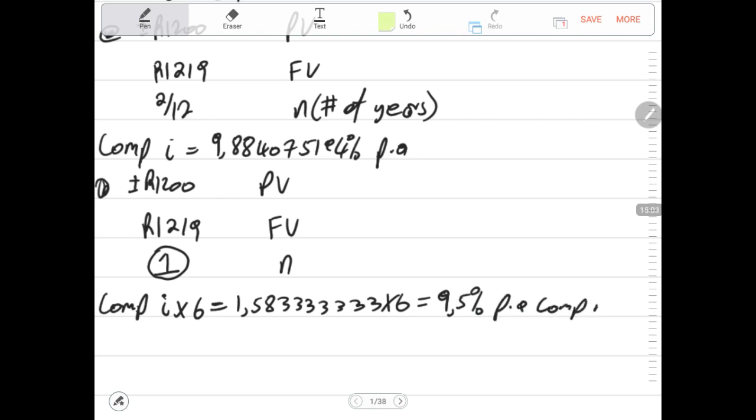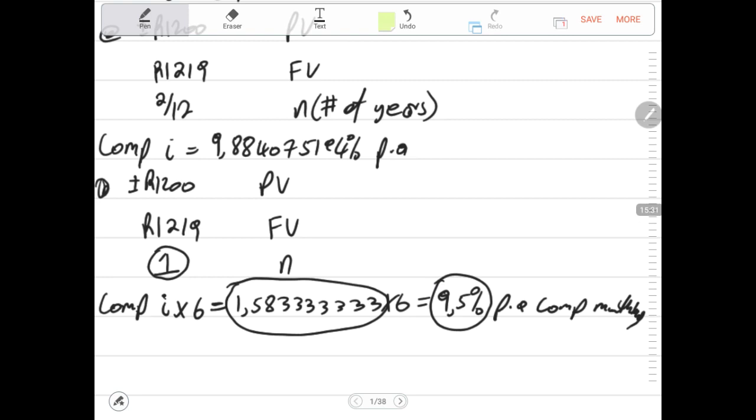compounded monthly. Now we know that this interest is per annum, but it is compounded monthly. And we know that per period of a compound, meaning per 2 months, this is the interest we are earning for every 2 months. But when we add it for the number of 2 months in a year, we realize that we are getting 9.5% per annum.